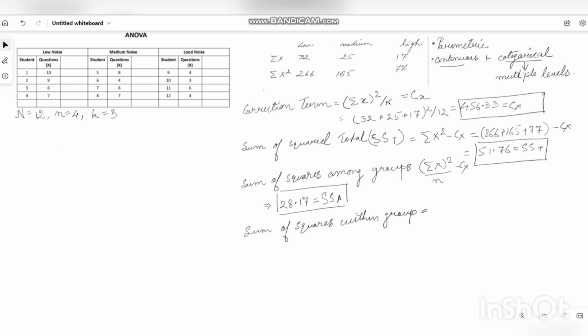That is SST minus SSA, and it is denoted by SSW. So the value of SST is 51.76.